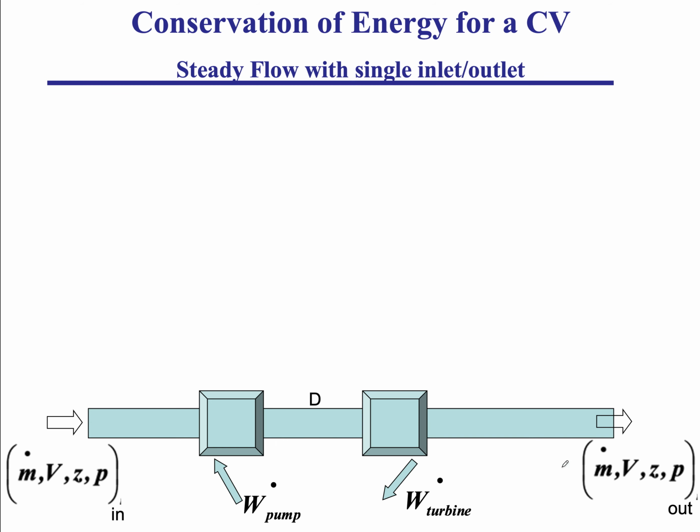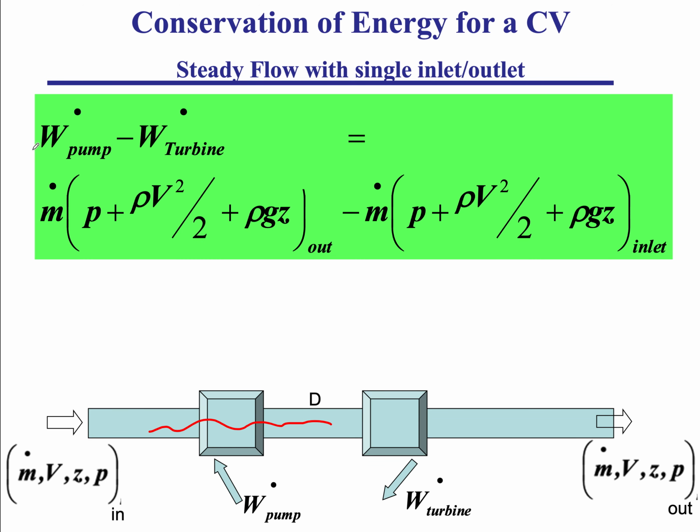And if it's the same diameter pipe, we're going to have the same velocity come out as it came in. And along the way, we probably have some friction also in the pipe. So the balance between what comes in terms of energy and what leaves has to be balanced by the pump work, the turbine work, as well as the losses in the pipe.